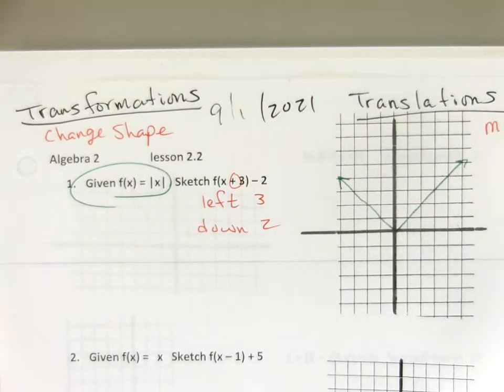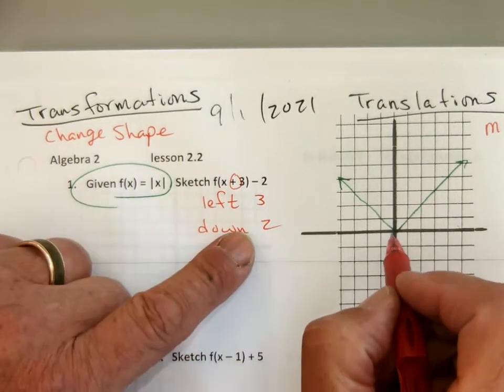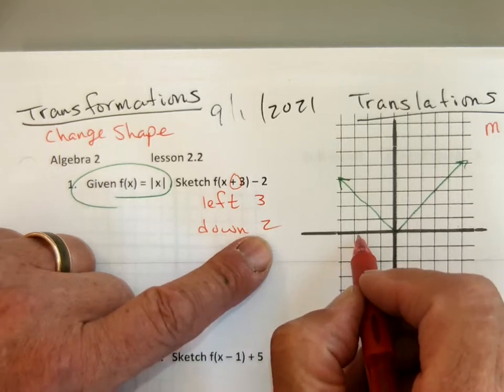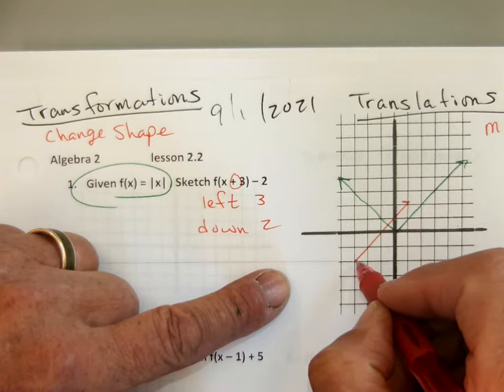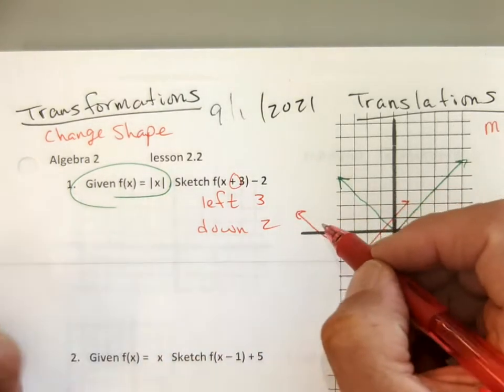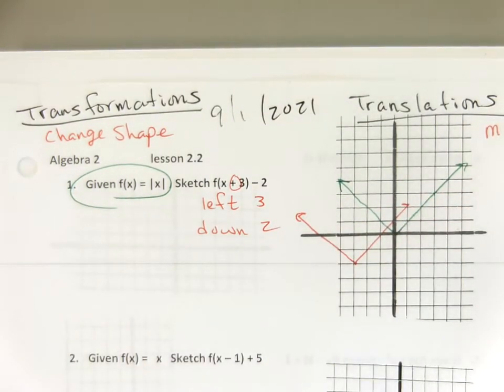So this is a translation. It's not going to change its shape. It's just going to move it. So let's go 1, 2, 3, 1, 2. And there's our translation.